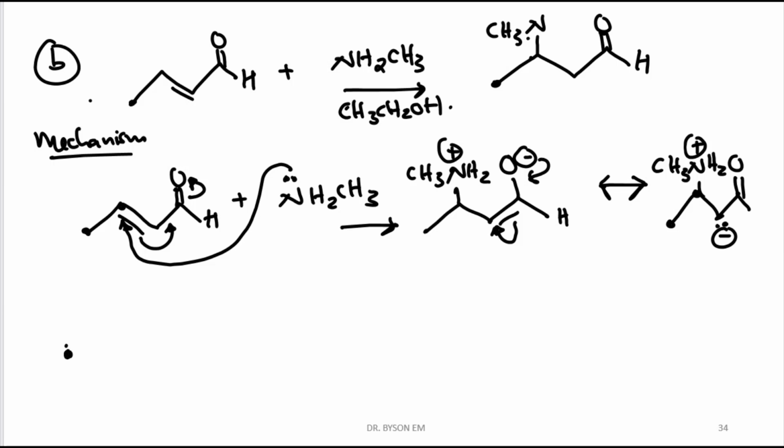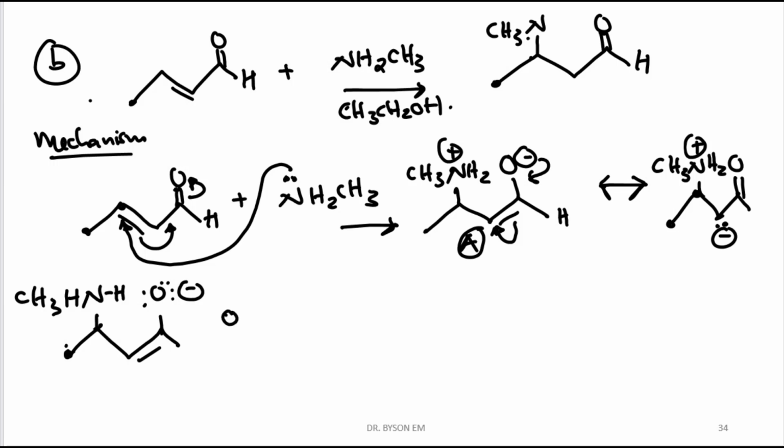So in this product here, the nitrogen had two hydrogens. Let me just write them like this. So the ethanol will come and deprotonate one hydrogen here, and then this will go there, and it will form this structure here.